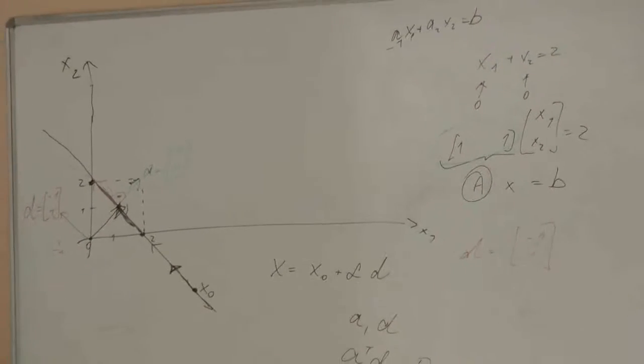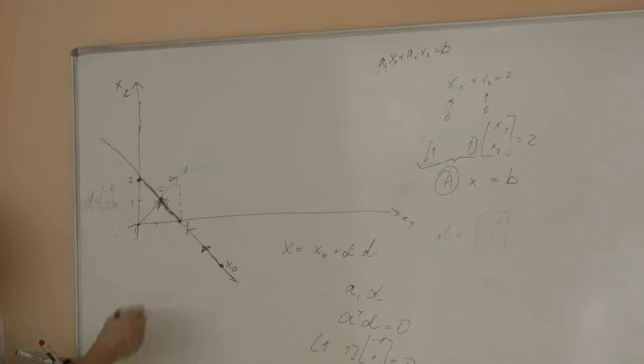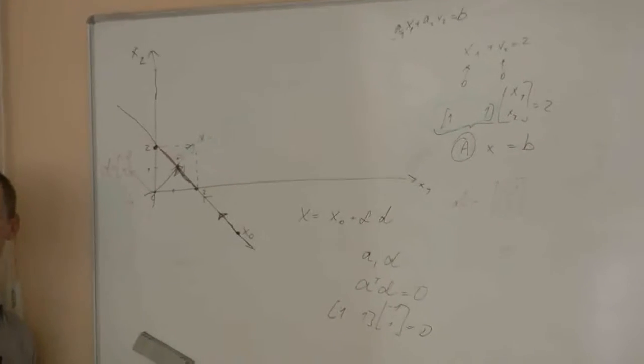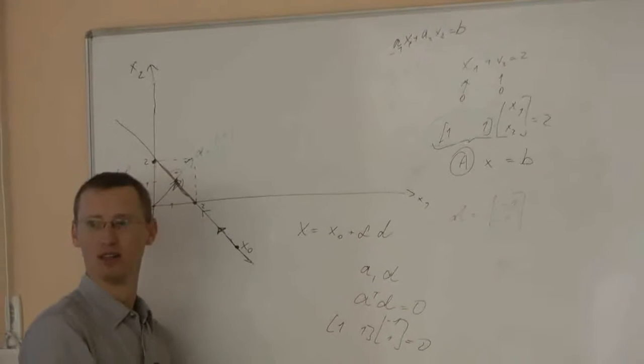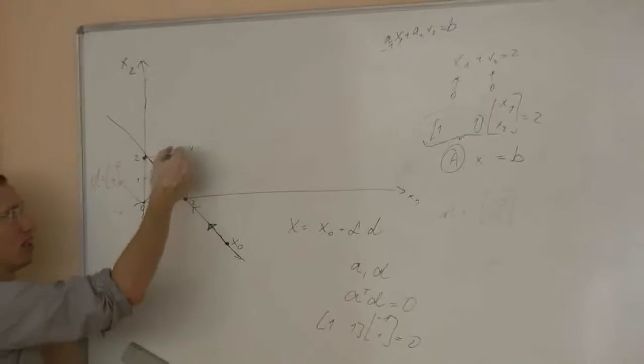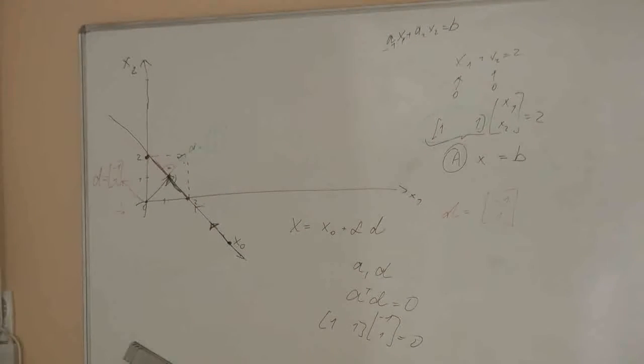So essentially, finding this direction means finding a vector which is perpendicular to the normal vector of our equality constraint.